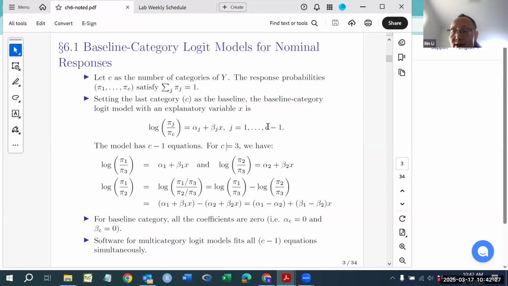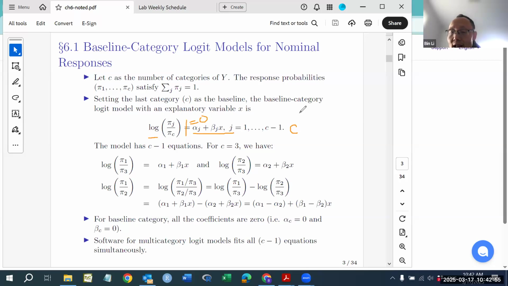Why just up to C minus 1? Because we use the last group as the baseline group. If we include C here, then it's nonsense, because pi C over pi C is 1, and log 1 is 0.